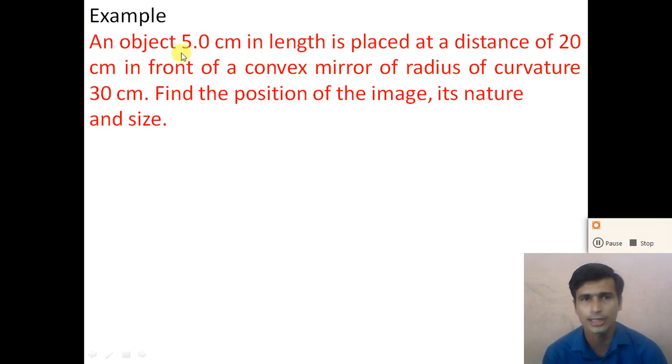Understand? So here h is given to you, plus 5 centimeter. u we take as minus 20 centimeter because the object distance is always negative. And from the radius of curvature, calculate the focal length f is equal to r by 2. We get plus 15 centimeter.